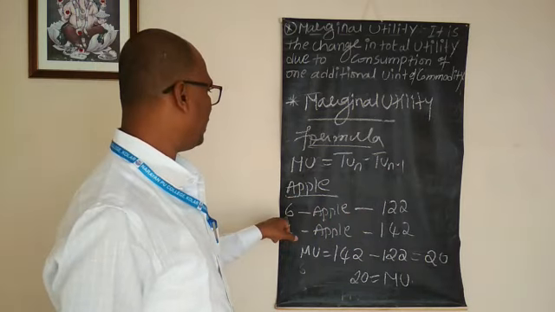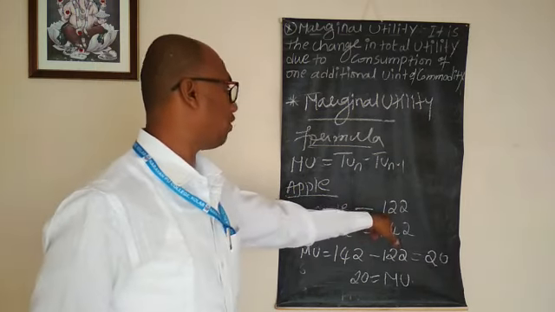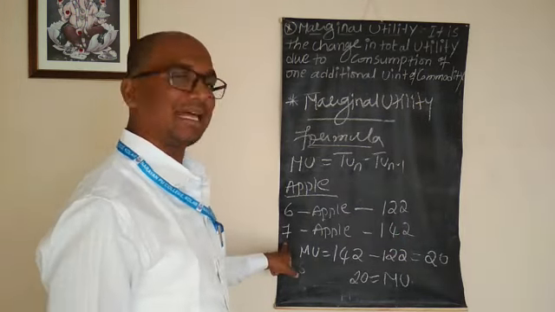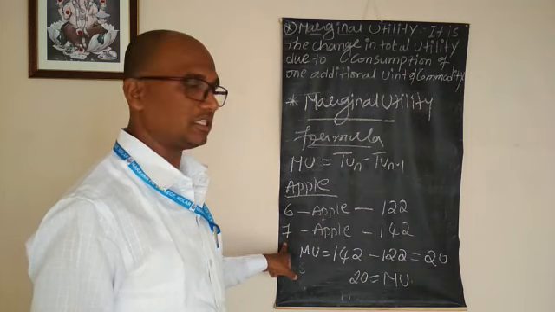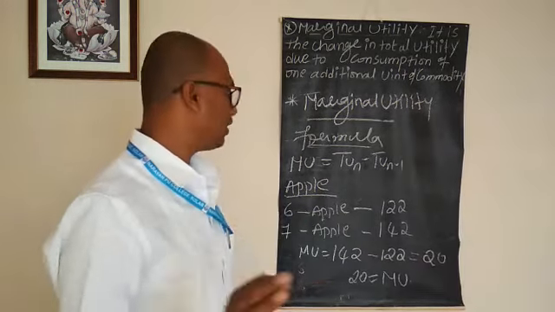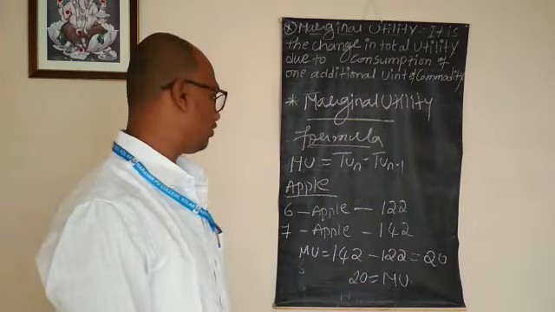Let's see the example. Commodity apple. By the consumption of 6 apples, we obtain 122 units of utility. By increasing the quantity of apples from 6 to 7, we obtain 142 units of utility. Now let's apply these values to the equation.